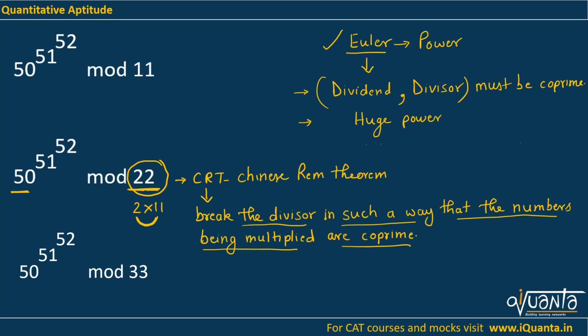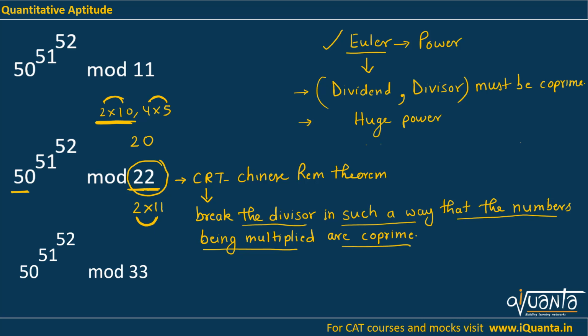What if the divisor over here was 20? Now you know that there are multiple ways to write down 20 as a product of two numbers. 2 into 10. Then you can also write it down as 4 into 5. But which pair to use while applying CRT? We cannot use this pair because 2 and 10 here are not coprime. They have HCF 2. But 4 and 5 here, they are coprime.